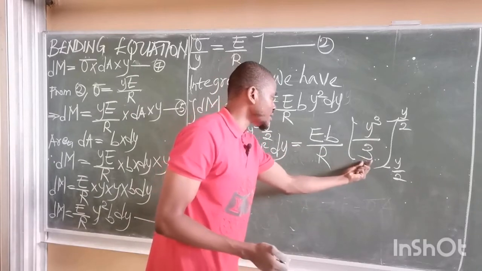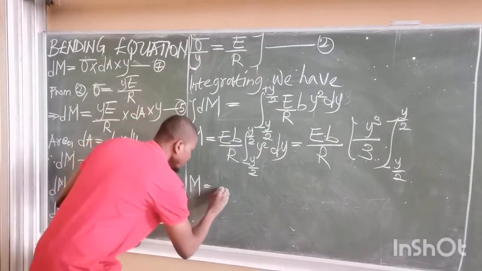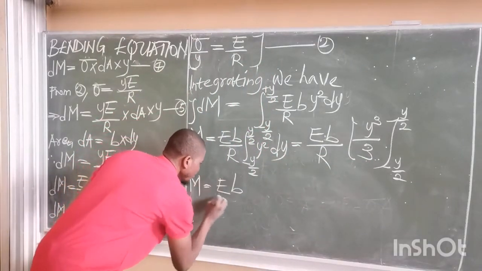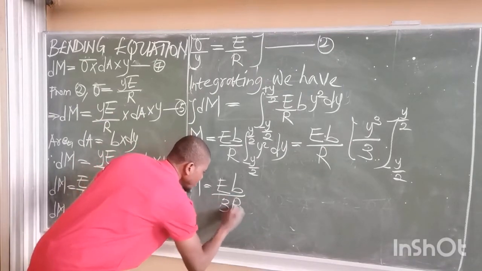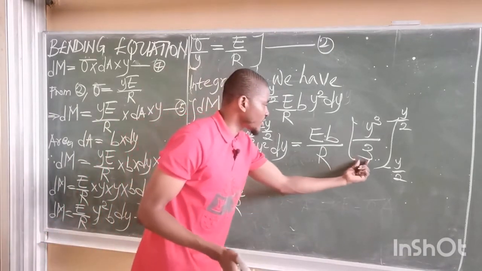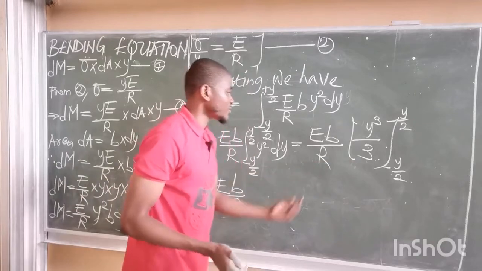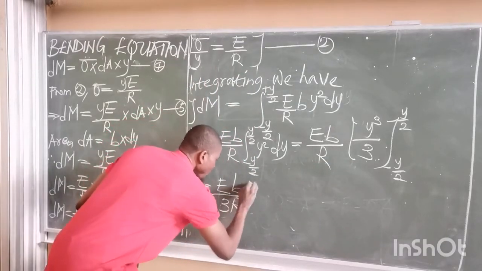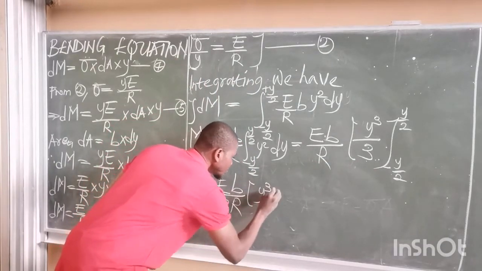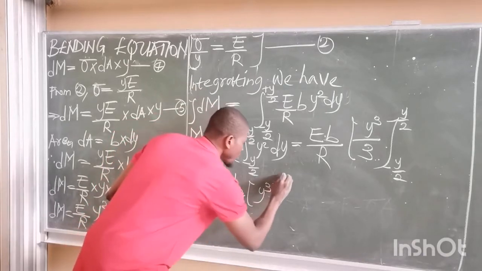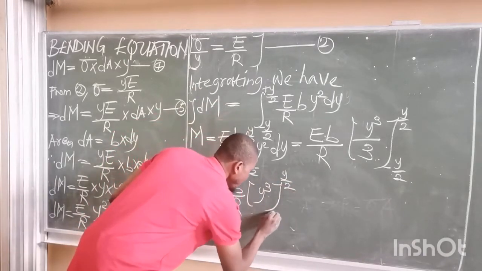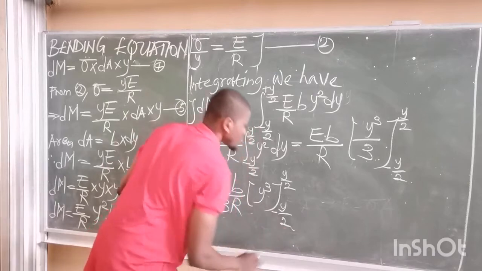If I pull out 1 over 3 here, I will simply have E B over 3R, pulling out the 3, it becomes 3 times R. So I'm now left with my y cube alone. The limit remains y over 2 and minus y over 2.